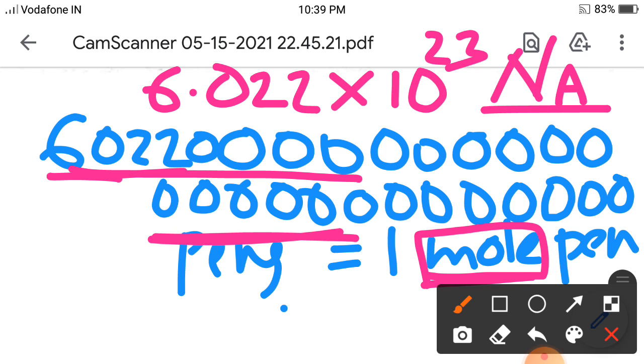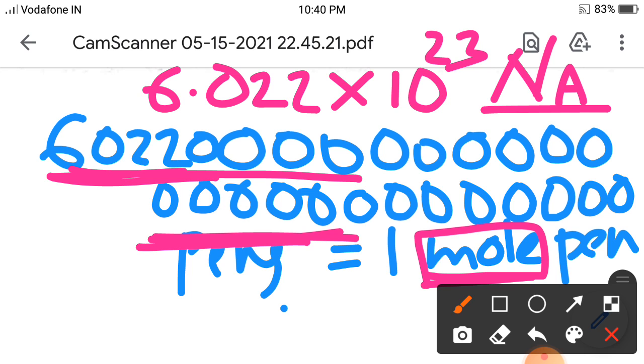If I have 2 pens, I say one pair of pens. If I have 12 pens, I say 1 dozen pens. And if I have this many pens, I say I have one mole of pens. Is it clear?